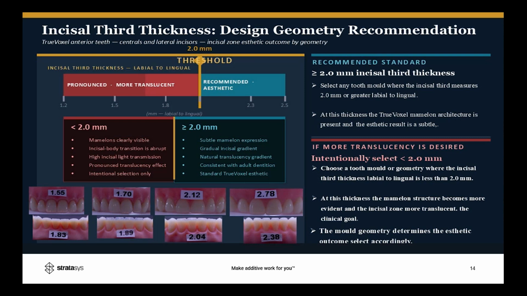What this is trying to explain is there is another geometric effect in tooth selection that we need to take into consideration for these mamelons to have the different effect. Whether we want to show more translucency or a little bit less will be dependent upon the mold we select.